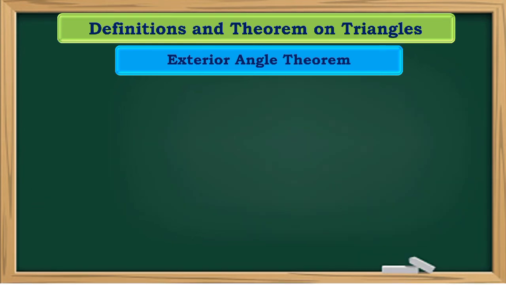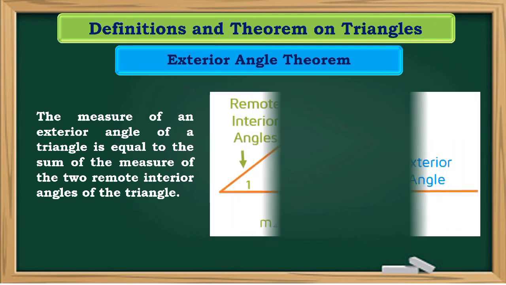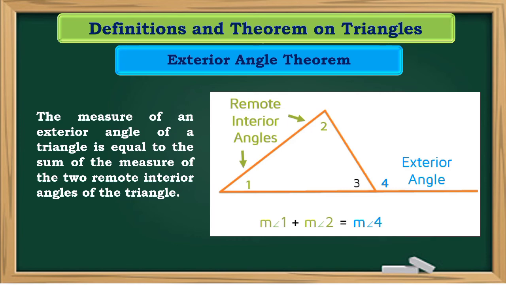Next is the exterior angle theorem. The measure of an exterior angle of a triangle is equal to the sum of the measures of the two remote interior angles of the triangle. So let's take this figure. Remote interior angles are those that don't share a vertex or corner of a triangle with the exterior angle.